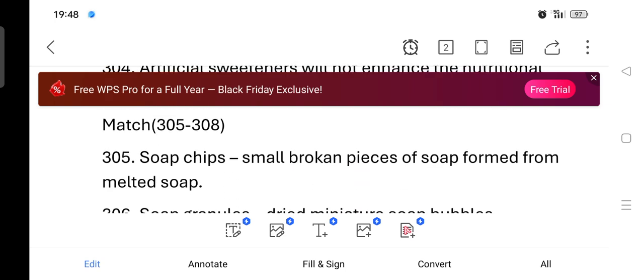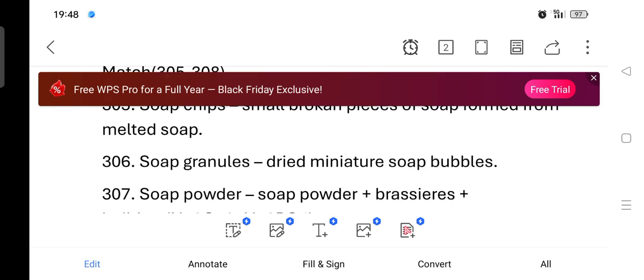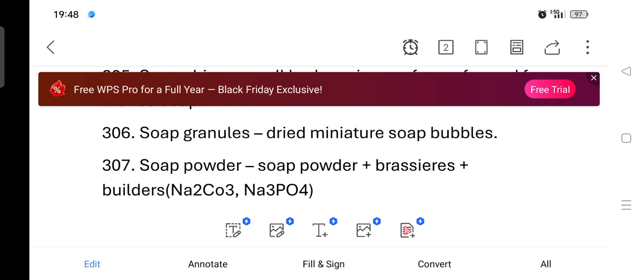Soap chips are small broken pieces of soap formed from melted soap. Soap granules are dried miniature soap bubbles.